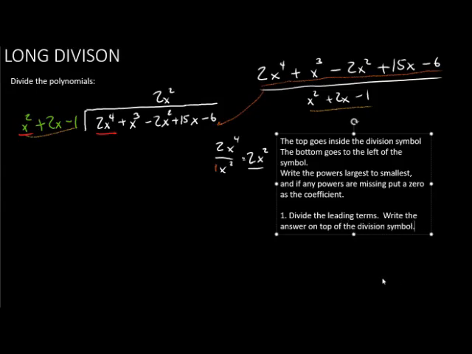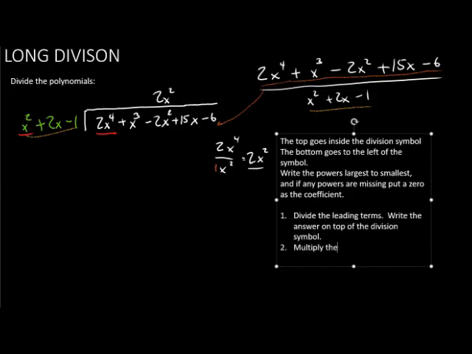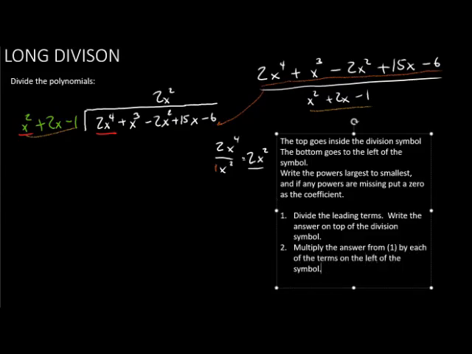Once you've written that 2x squared on top of the division bar, we'll multiply that 2x squared by each of the terms to the left side of the division symbol. The answers we get from that operation we'll write underneath our polynomial that's under the symbol.